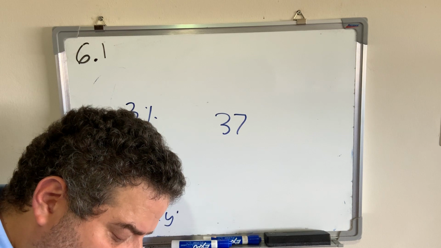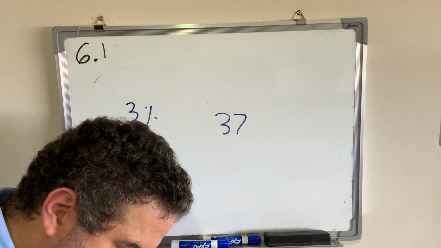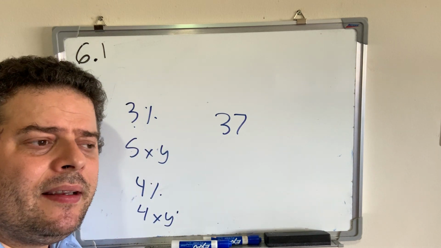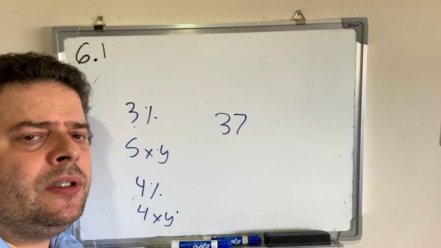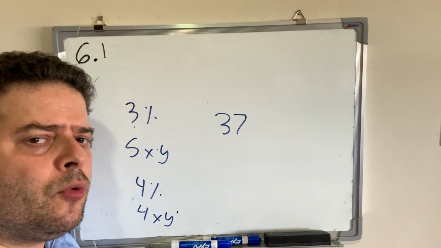Number 38, even though it's deposited in a bank, it's not compounded X amount of times per year. So it's the basic growth model.